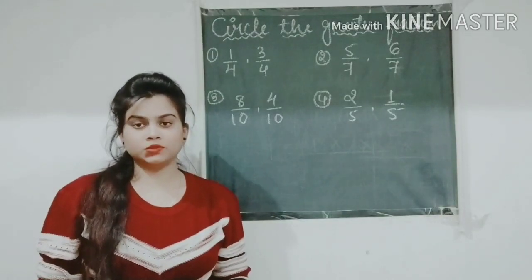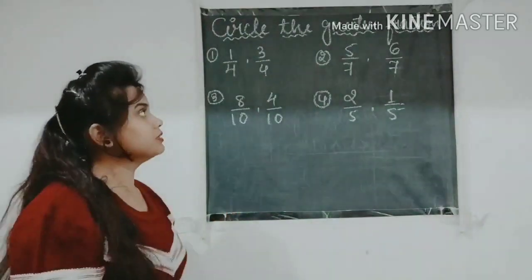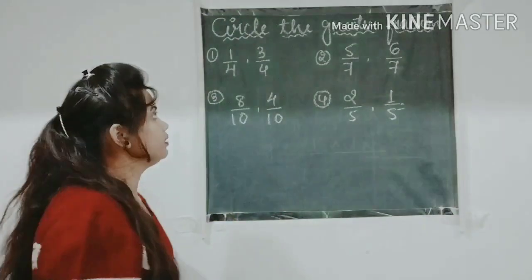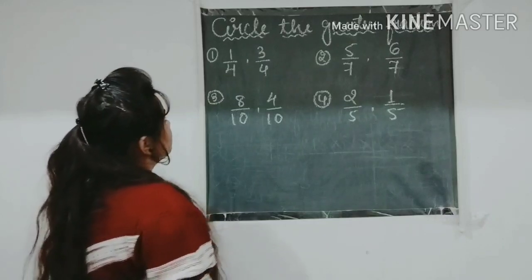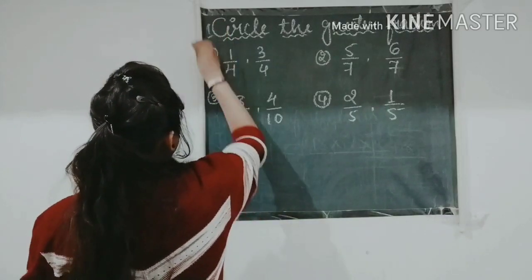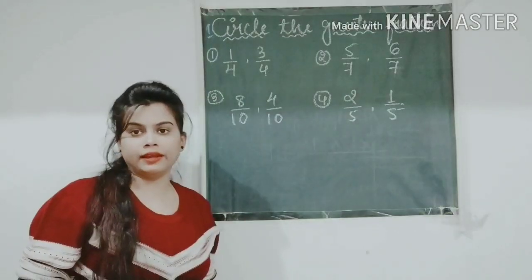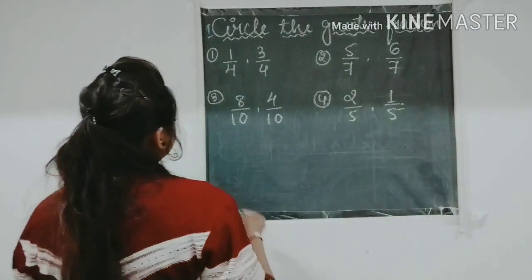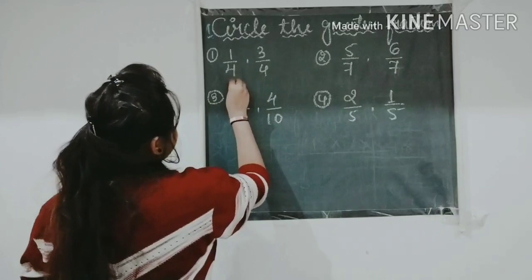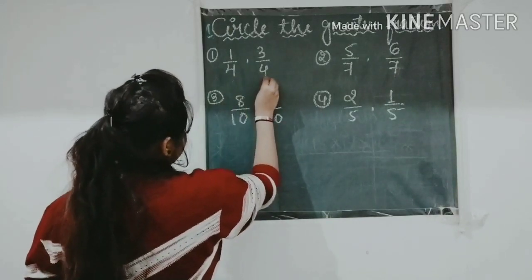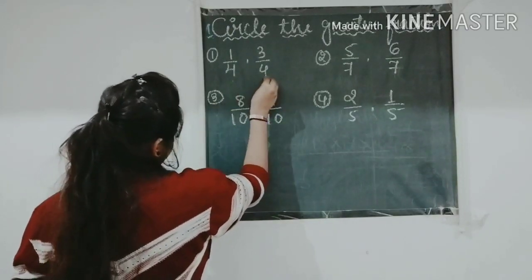Now come to the exercise question. This is given in your page number 77, unit 12, fractions. Question number 1 is, circle the greater fraction. You have to circle the greater fraction. Okay. See here, question number 1, 1/4 and 3/4. See, the denominators are same.